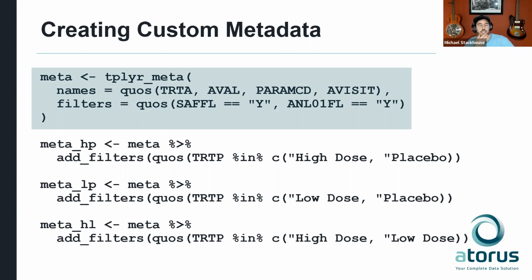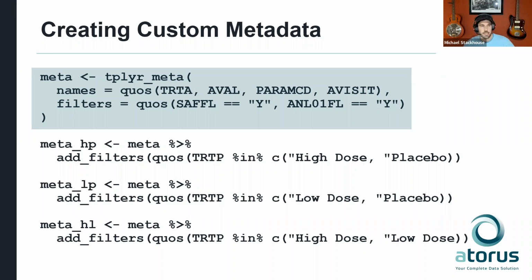The way that you can provide these names and conditions is to use the quos function that comes from rlang. So quos of TRTA, AVAL, PARAMCD, and AVISIT sets the names that are available in there. And then filters will provide SAFFL equals Y and ANL01FL equals Y to set that condition for an individual tplyr_meta object. If you're unfamiliar with quosures, the metaprogramming section of Advanced R goes over what they are.